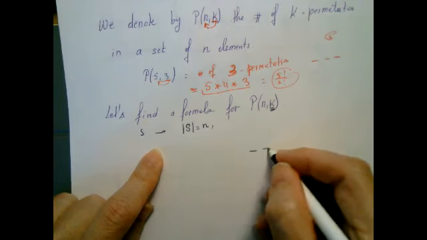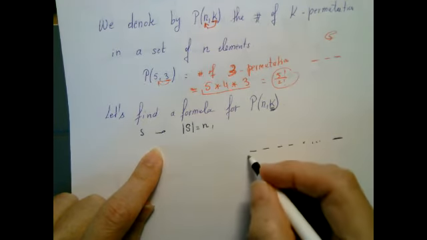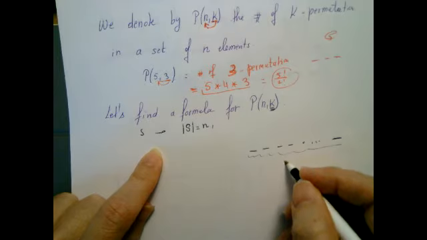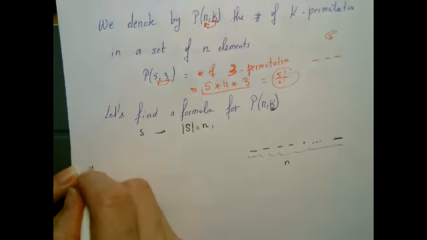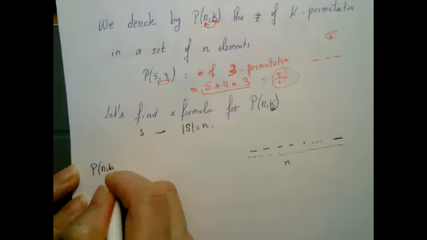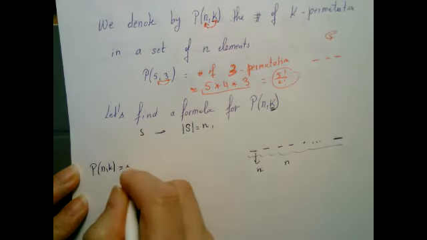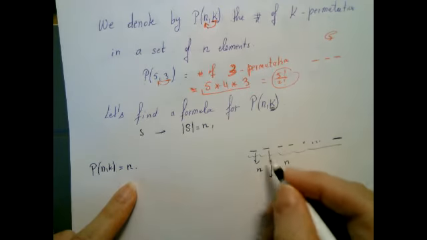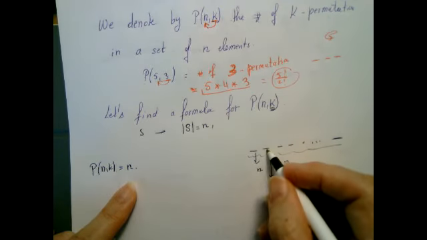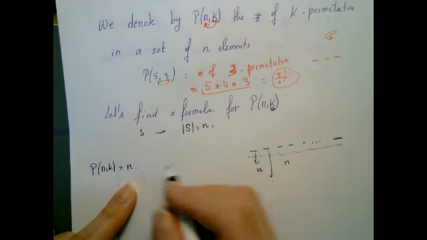So 1, 2, 3, 4, dot, dot, dot, and this is n. So P(n, K) is equal to, I have n choices for the first spot. I'm not changing my logic. Now if I have n, how many choices do I have for the second piece? Please write how many choices I have for my second choice: n minus 1.